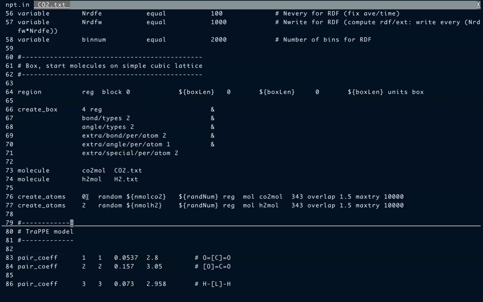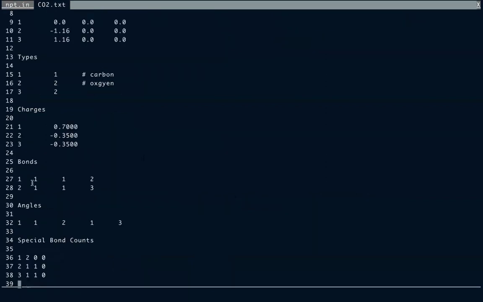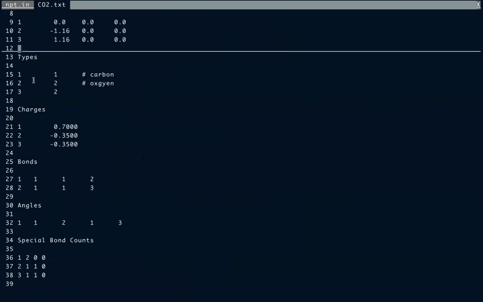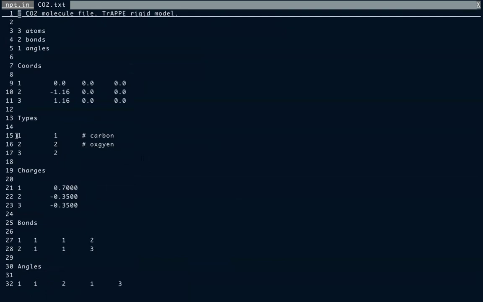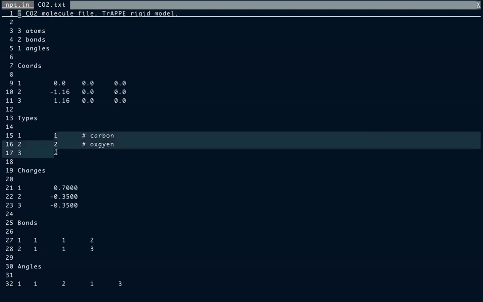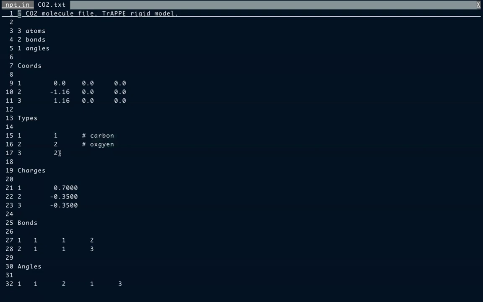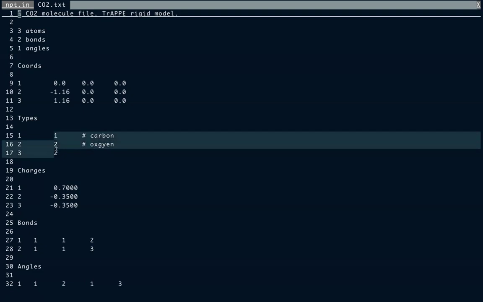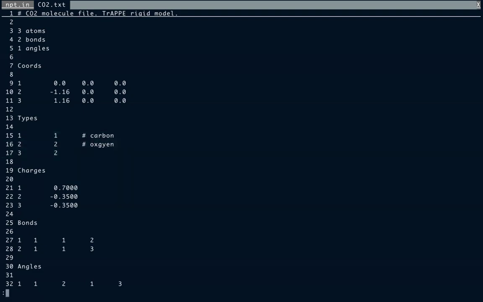You have create atoms 0, which means that it is going to add 0 to each of these types. So if you have carbon and oxygen of type 1 and 2, then overall in the final simulation, the type of carbon and oxygen will be 1, 2.